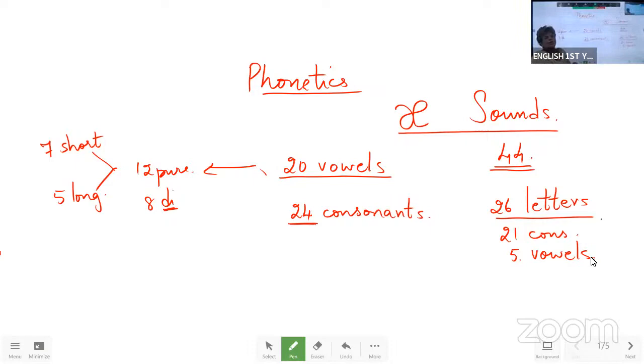In school, you had English, Telugu and Hindi. In English, we don't have the short and the long sounds, but if you have taken Telugu or Hindi in school, you will notice that they had the short and the long. That is e, that is the short and the long. Here in pure vowels, 12 pure vowels, out of which 7 are short and 5 are long. And there are 8 vowels which are diphthongs.